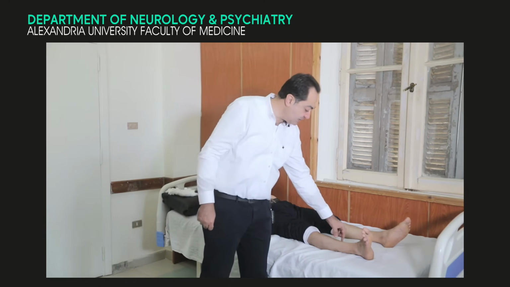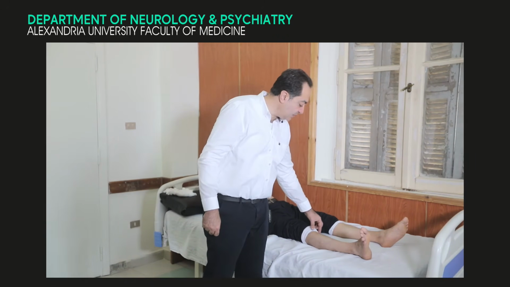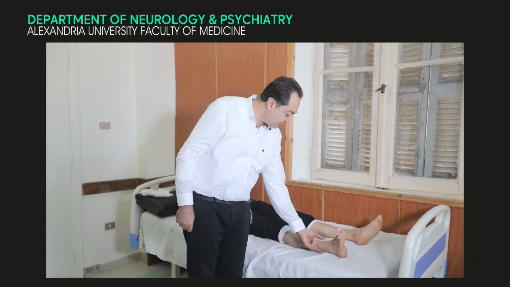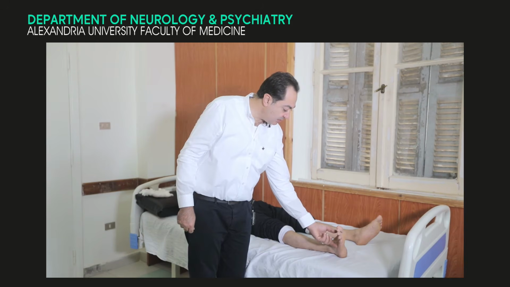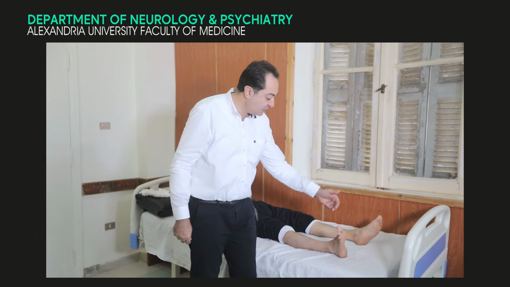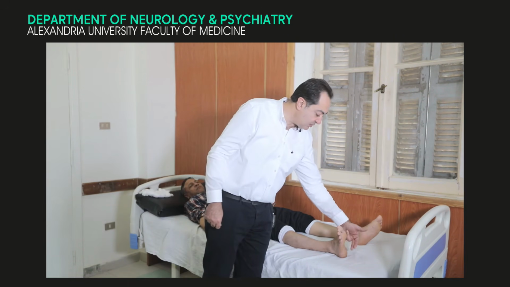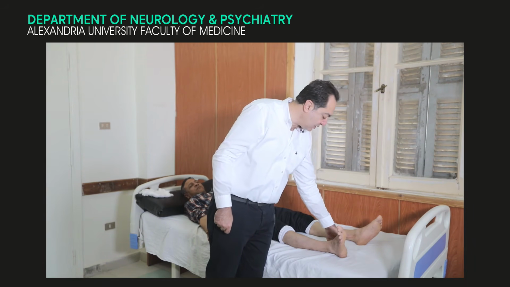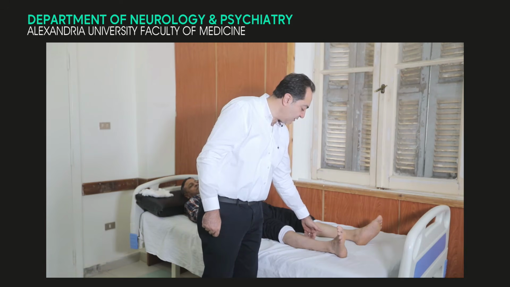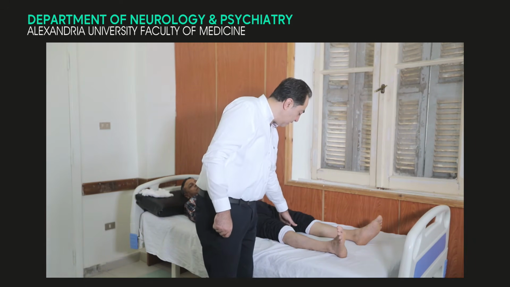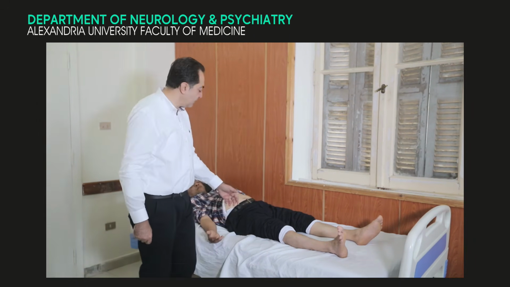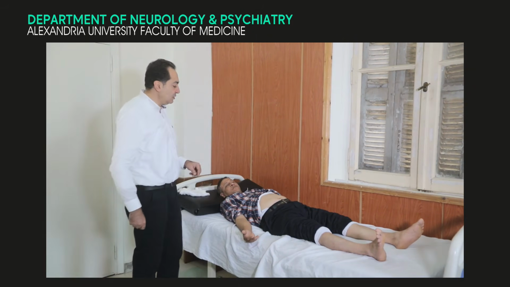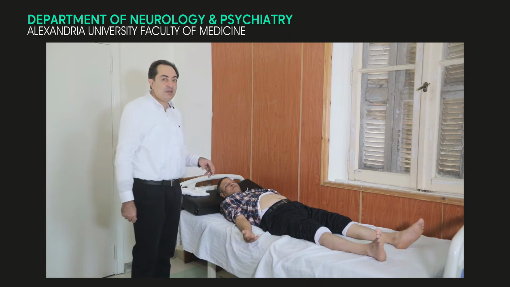Then L4 is in the medial part of the leg. L5 is on the lateral leg and dorsum of the foot. S1 is on the plantar part of the foot and the back of the leg. L2 is on the back of the thigh, and L3, 4, 5 are around the saddle-shaped area.